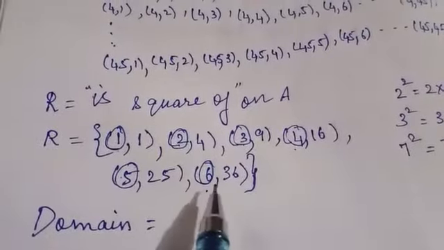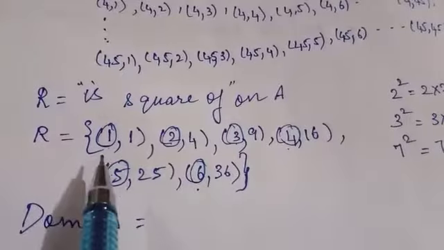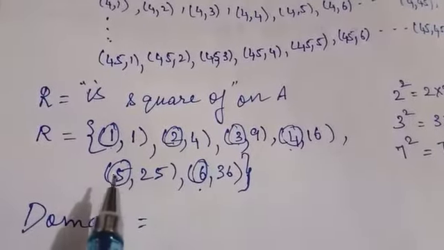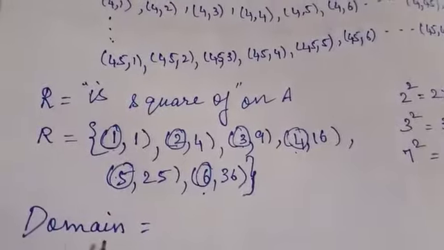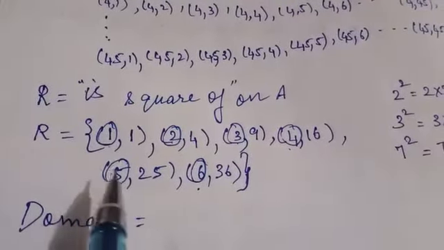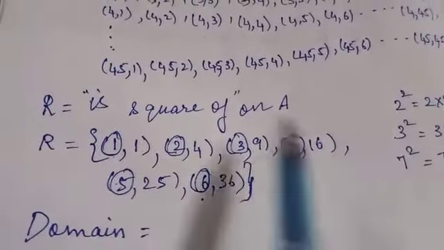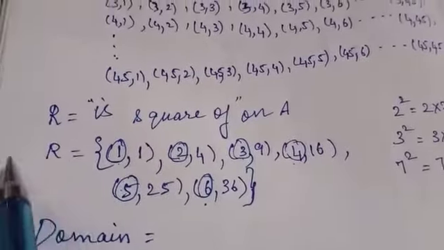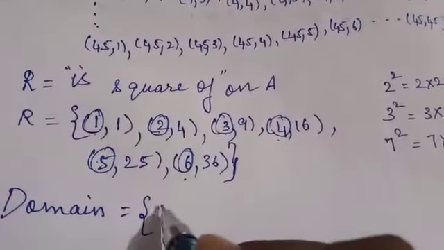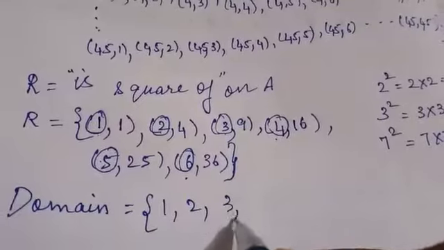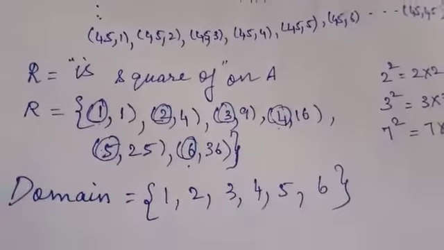The first elements of all ordered pairs of the relation are called the domain. I'll repeat it again: the first element of all ordered pairs of the relation is called the domain. So I'm writing it here: 1, 2, 3, 4, 5 and 6.